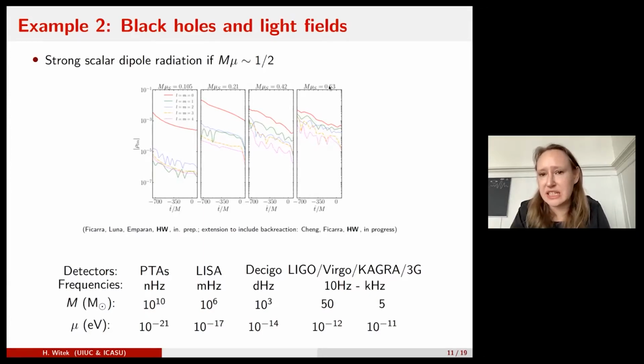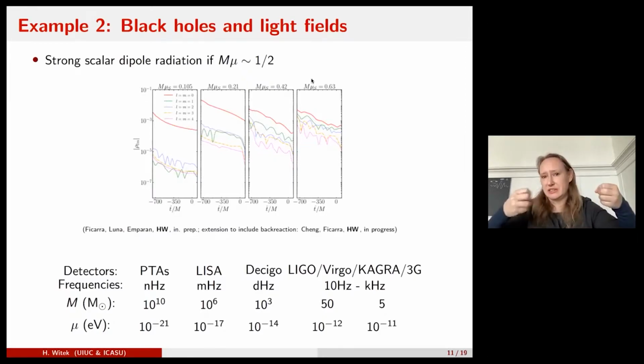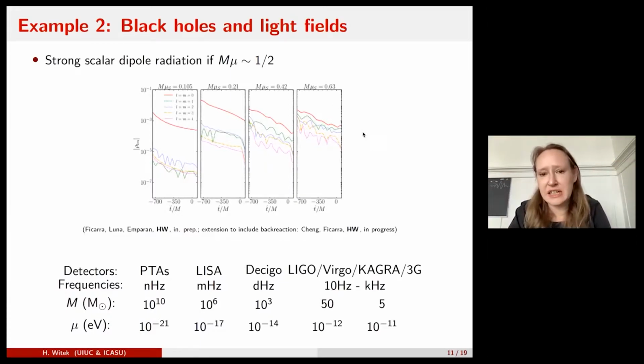What I'm not showing here is that if I increase this coupling even further, that goes away again, because the accretion of the scalar field onto the black hole is particularly strong in this coupling regime, and that of course means that I have particularly strong scalar charges.